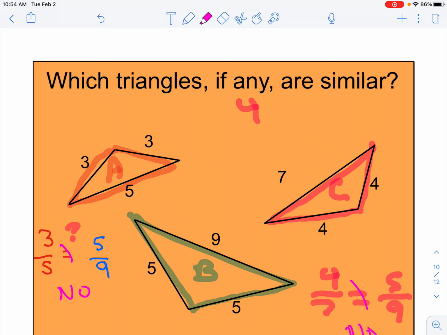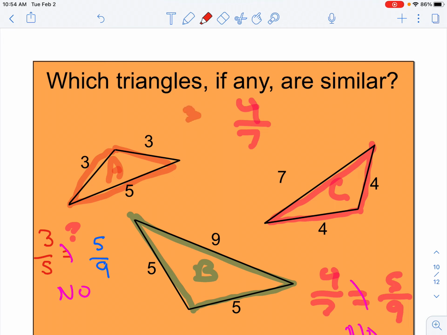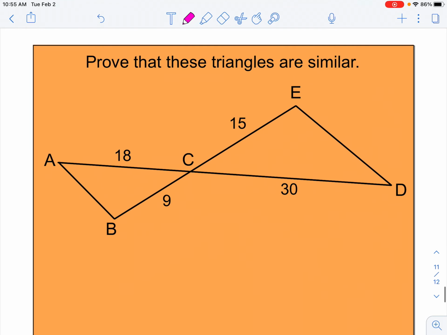Our C again is 4 to 7, and our triangle A is 3 to 5, and those again are not. So no, none of the triangles are similar to each other, which can happen. So don't just always assume that it will be true.